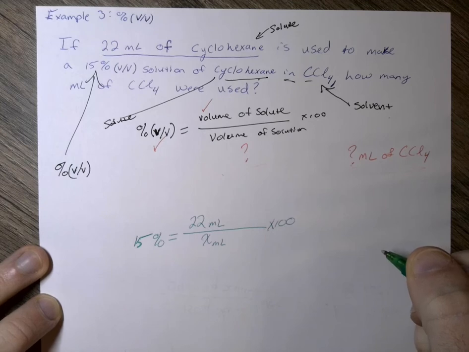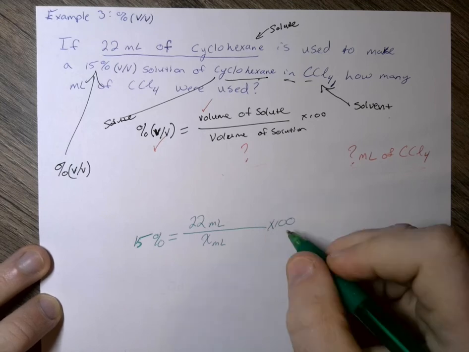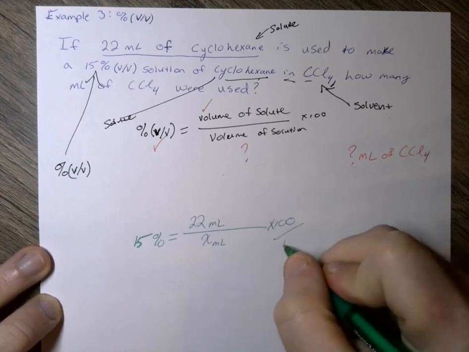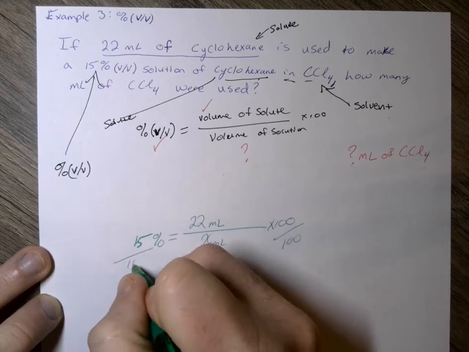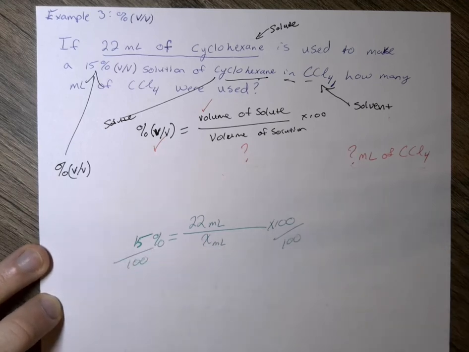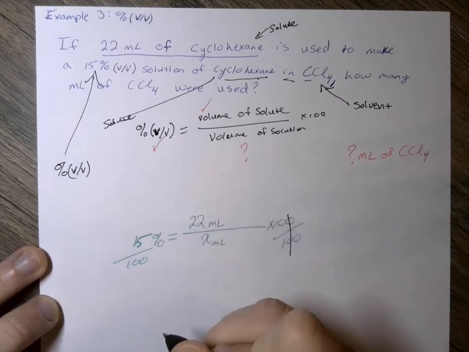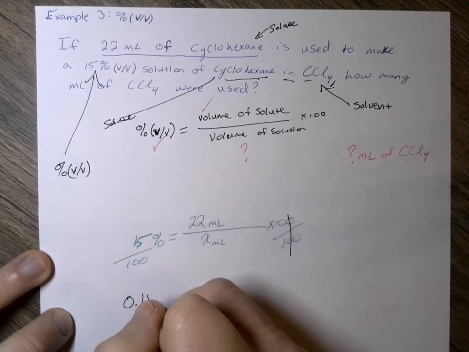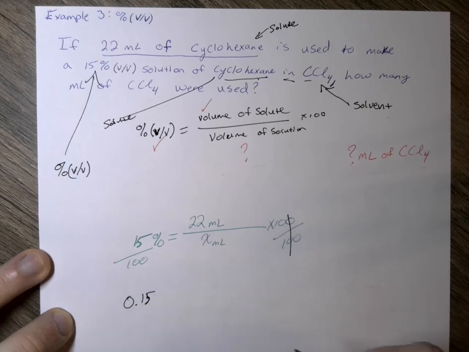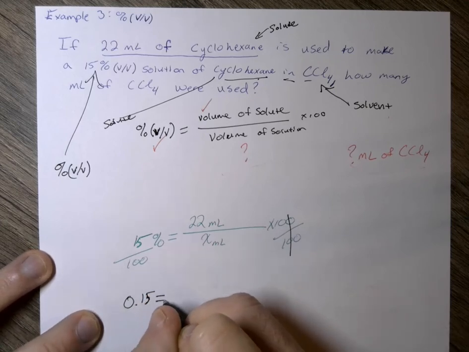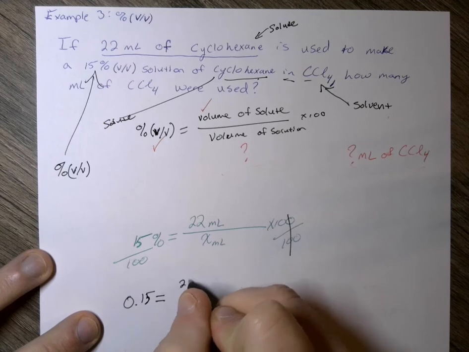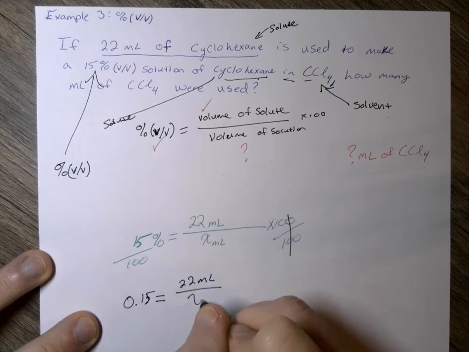So I'm solving for x. So first things first, let's go ahead and divide both sides by 100. So now I've canceled out the 100. 15 over 100 is 0.15. And then I'm going to take that and set it equal to what's remaining, 22 milliliters over x.